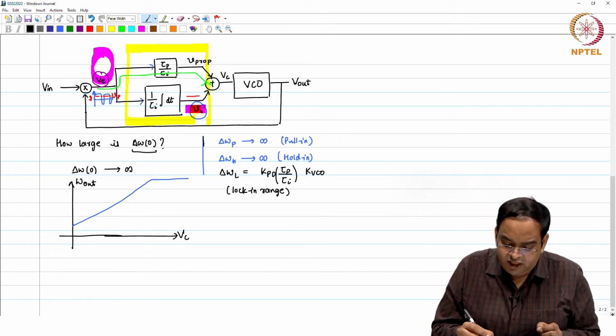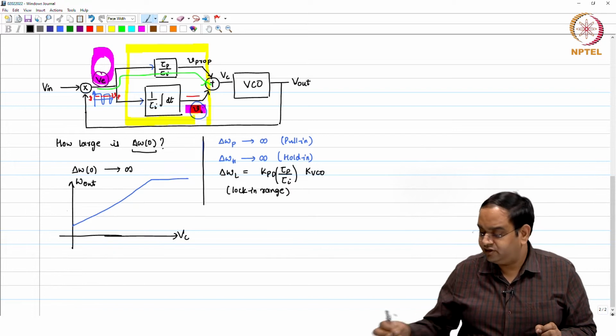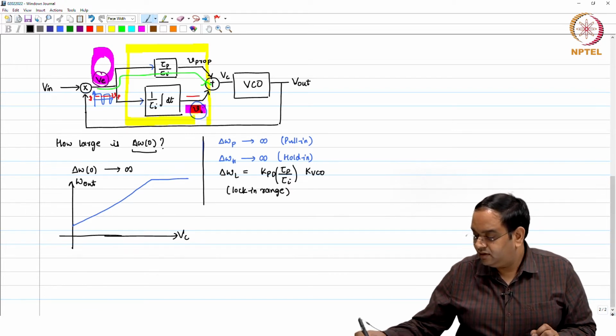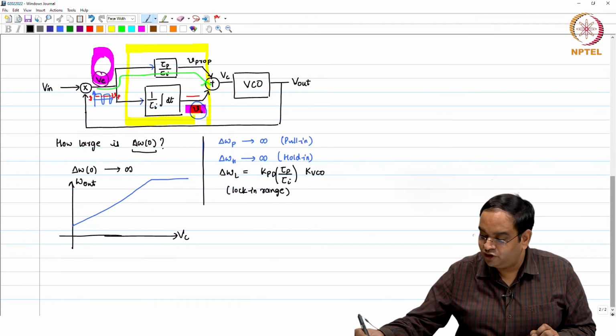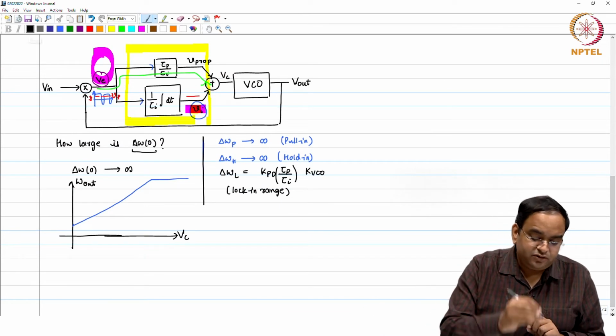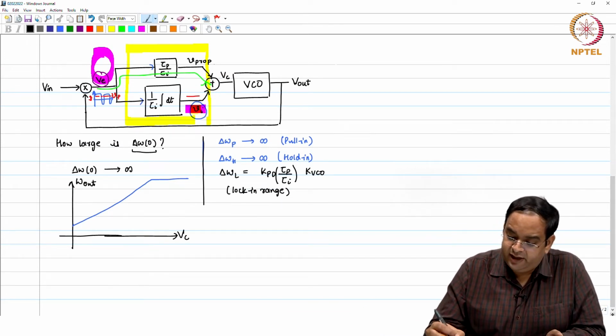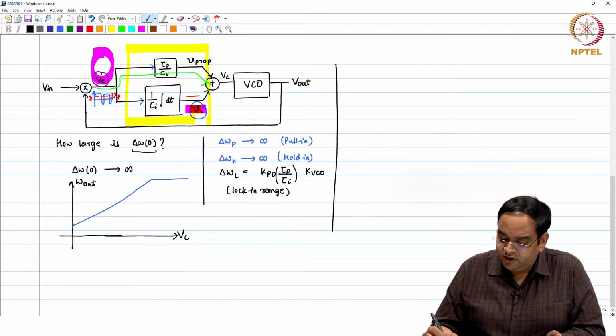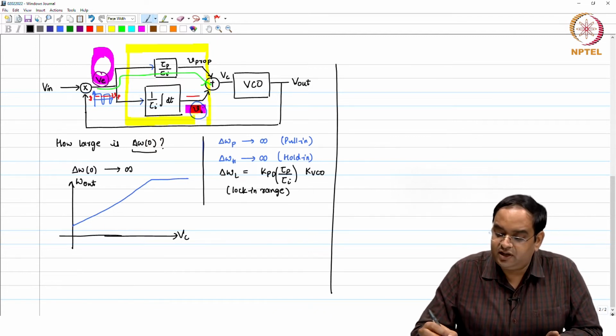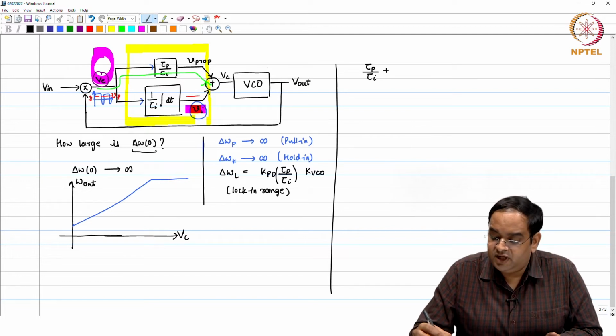Okay. So, now if it is so simple, then the PLL is done, but that is not the case. What happens is when you try to implement this loop filter, tau p by tau I plus 1 over tau I integral dt.